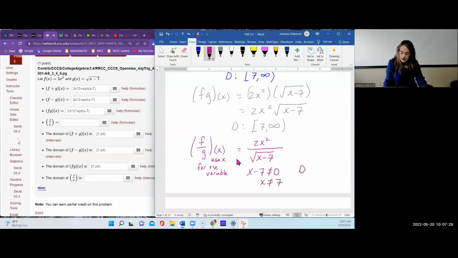This time our domain will not be closed 7 to infinity because we cannot allow 7 to occur. We'll have to throw 7 out by making the parenthesis at the 7 round. That creates a hole at the 7 and will not include it in the domain.